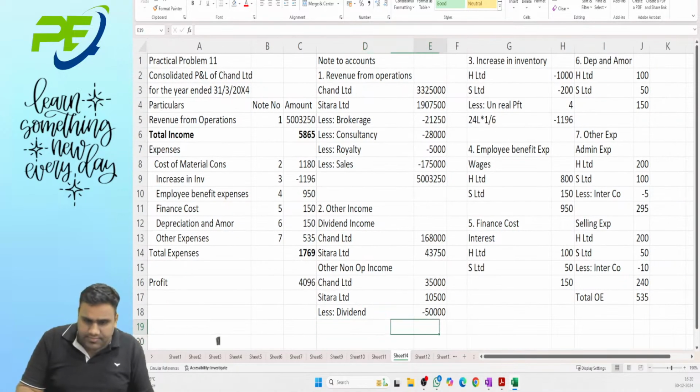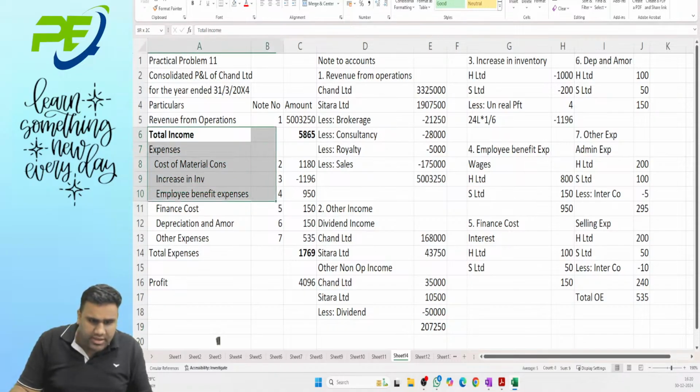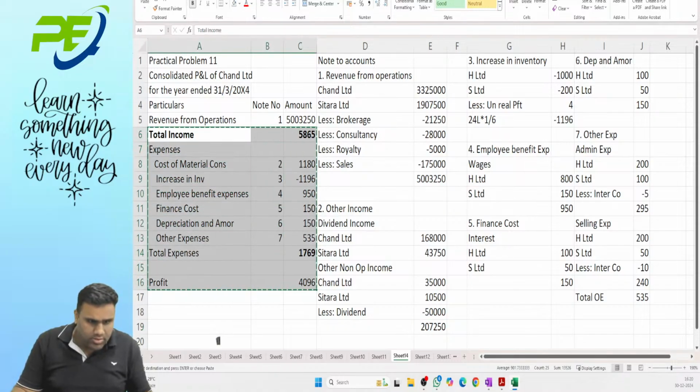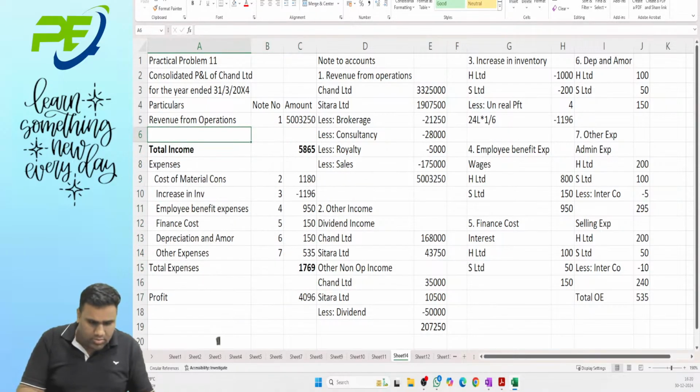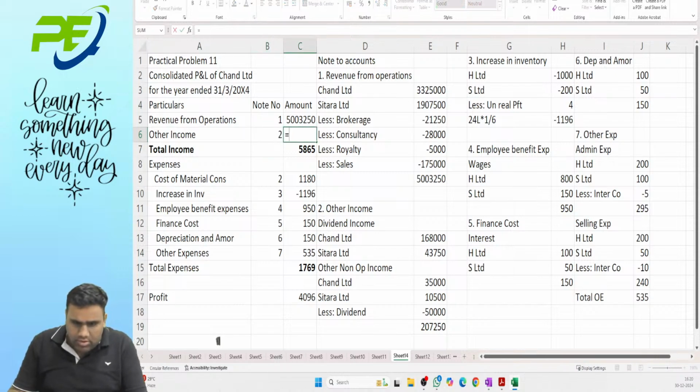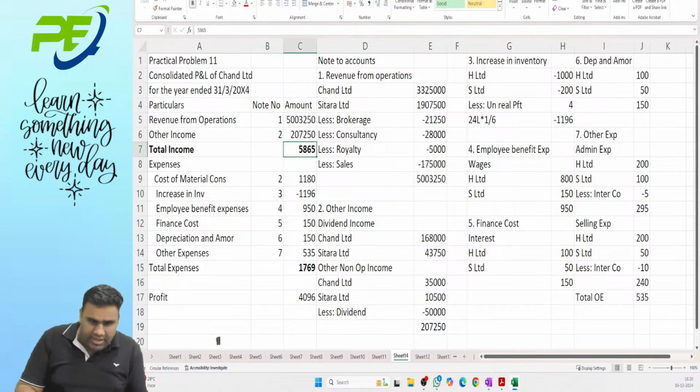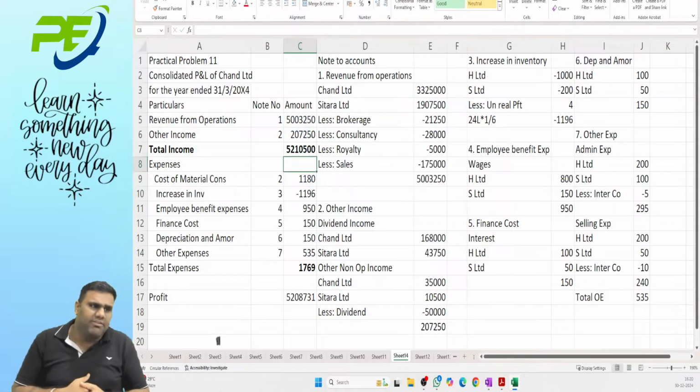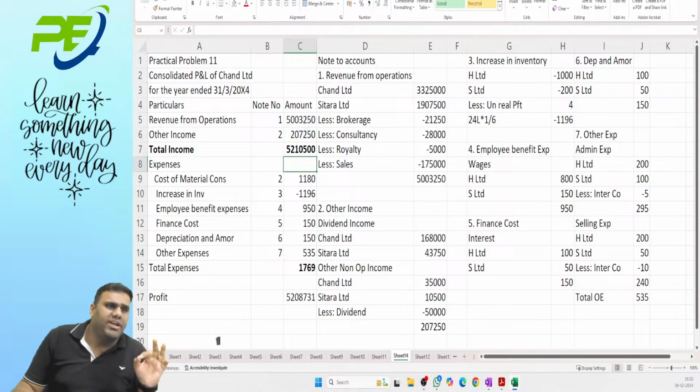So 2 lakh 7,250. Other income, note number 2, 2 lakh 7,250. So this is my total revenue.